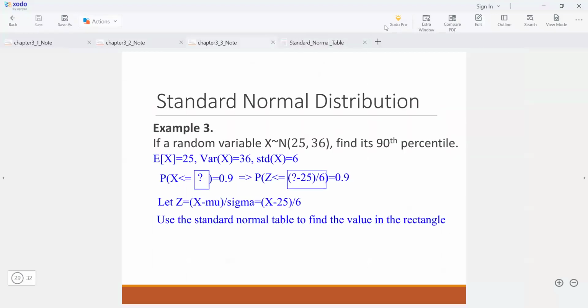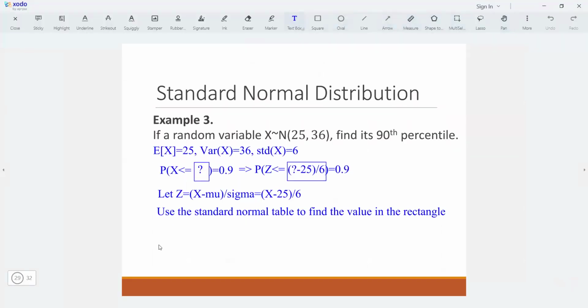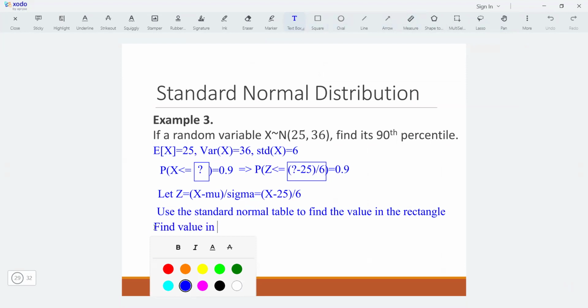So using the table, we find the value close to 0.9. The corresponding row name is 1.2 and the column name is 0.08.